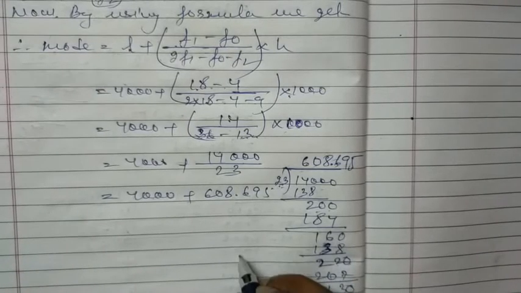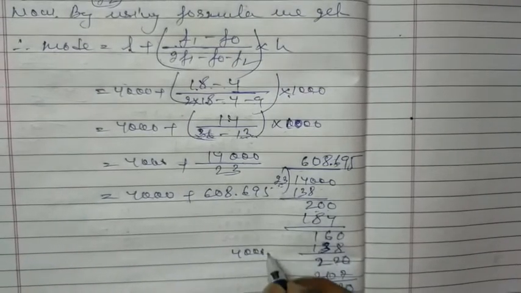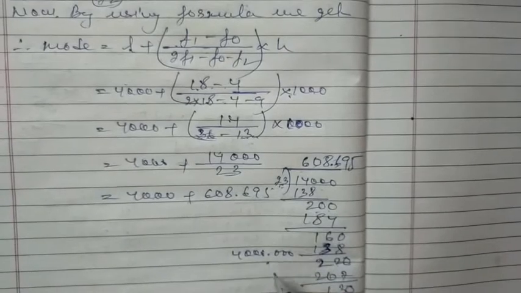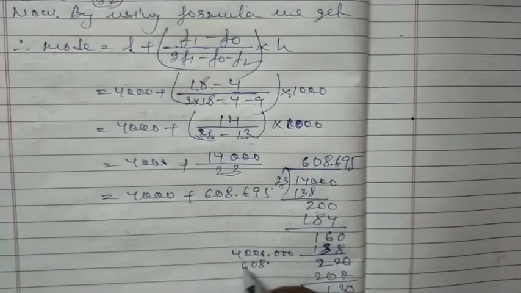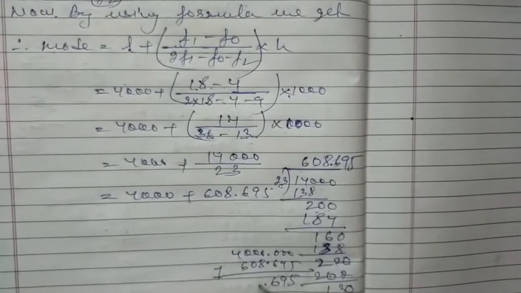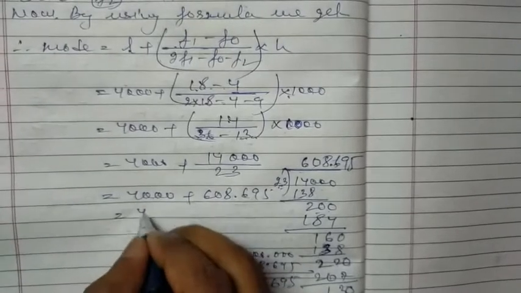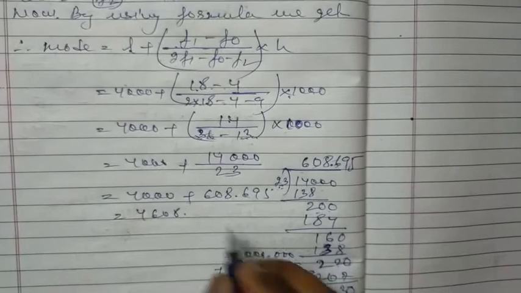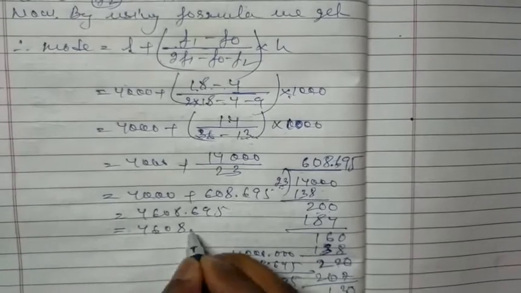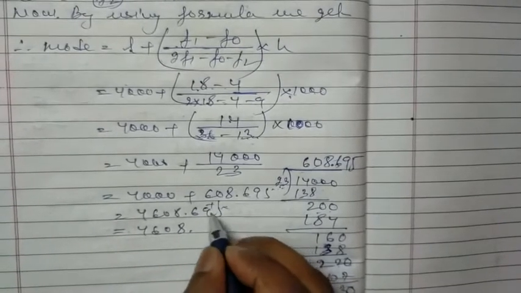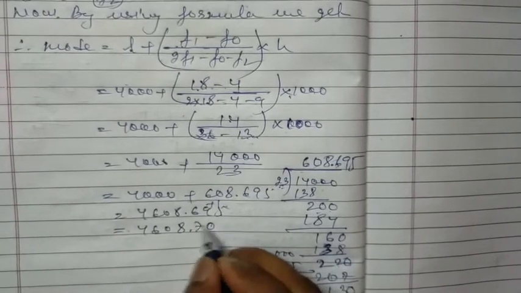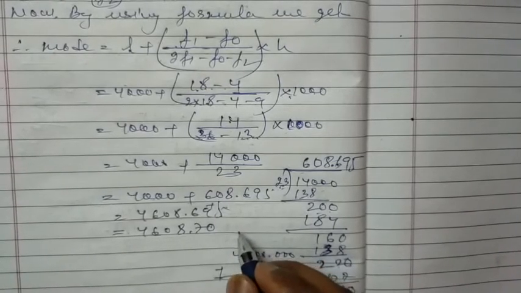If I add this number over here, 4000 plus 1076.9, then the answer will be this one.